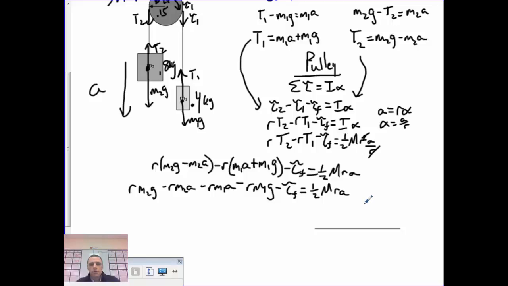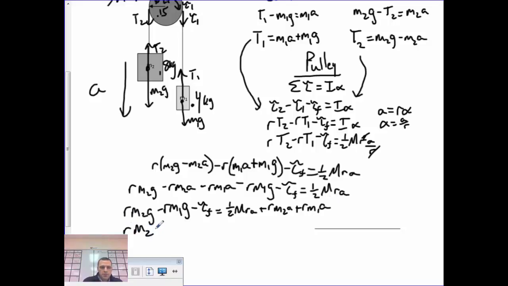Everything in this equation is known except for acceleration at this point. I just need to move things around to get the accelerations all on one side of the equation. So that's my next step. R m2g minus R m1g minus torque friction equals 1/2 mRa plus R m2a plus R m1a.